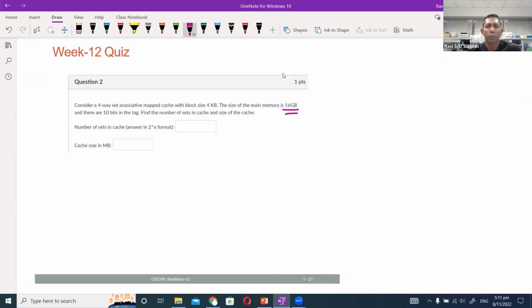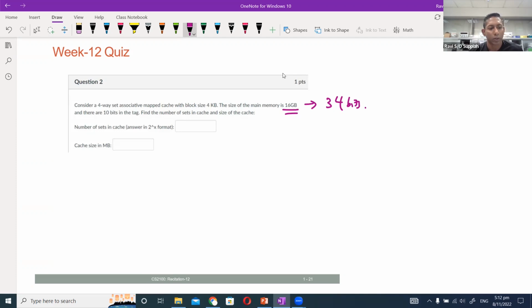The total will be 34 bits for 16 gigabyte space.